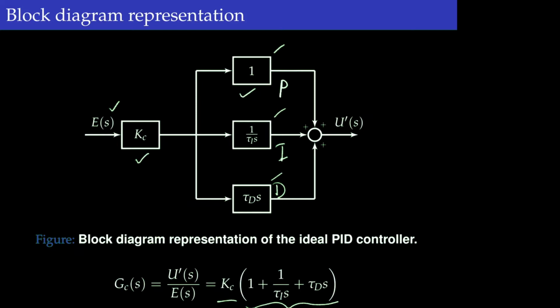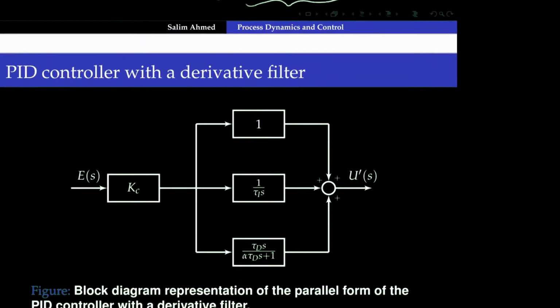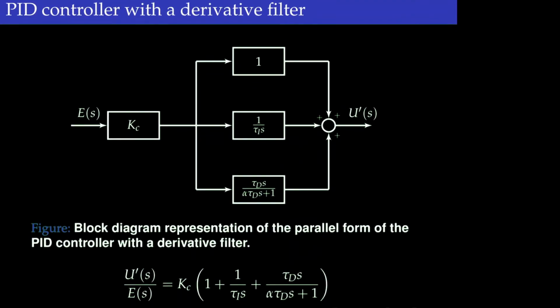Now as we discussed, the derivative controller is implemented along with a filter. So with this derivative filter, the derivative action is taken with the filtered error signal, so we see a filter element there. This is called the PID controller with a derivative filter.